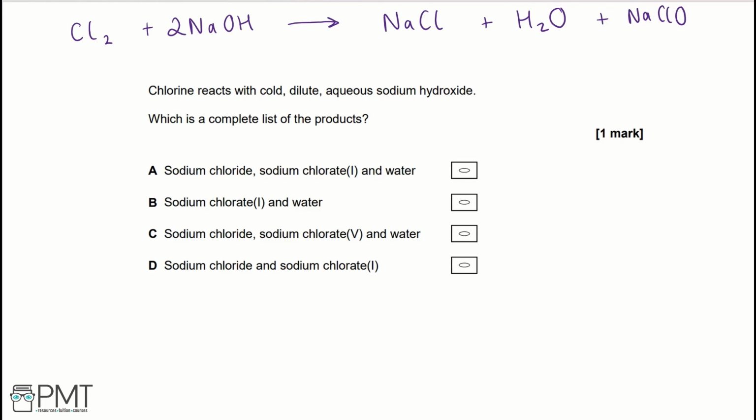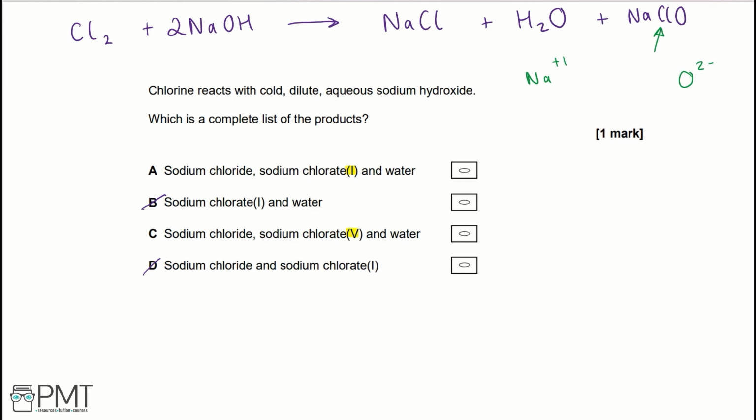So this is sodium chlorate, but we need to work out if it's sodium chlorate 1 or sodium chlorate 5. So we can already eliminate B and D as possible answers, but we need to work out the oxidation state of chlorine in order to work out if it's sodium chlorate 1 or 5. So Na has an oxidation state of +1 and oxygen has an oxidation state of -2.